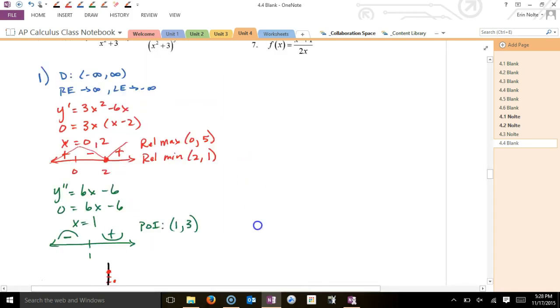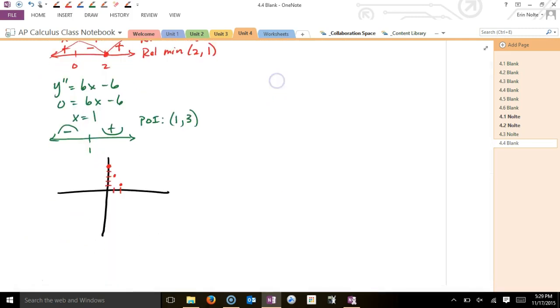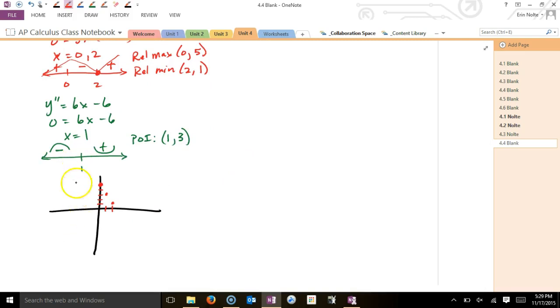Okay, and I know that this looks like a John Travolta, so the left arm was down and the right arm was up. Okay, so this is going to be a max, so it's going to kind of cross through. So I could find my x-intercepts if I wanted to find exactly where this crossed, but it's going to come through and then come back up, go up.